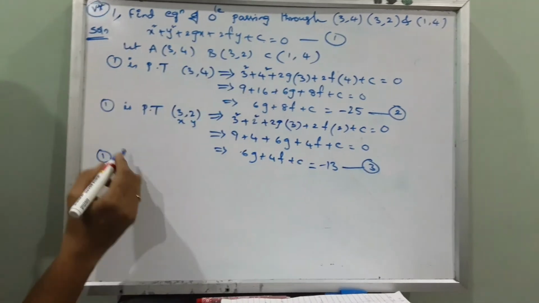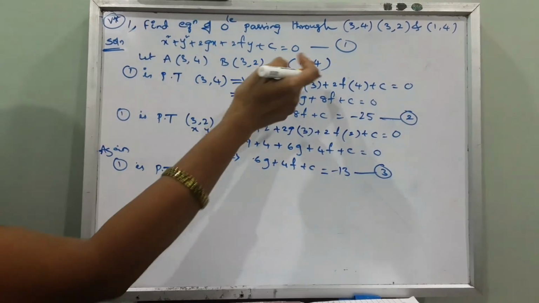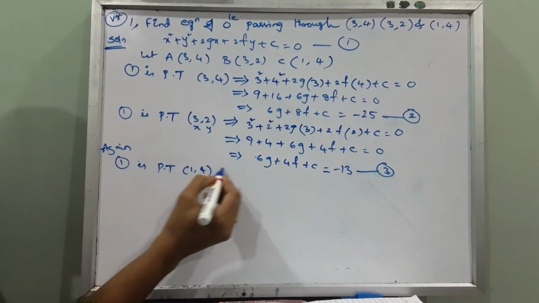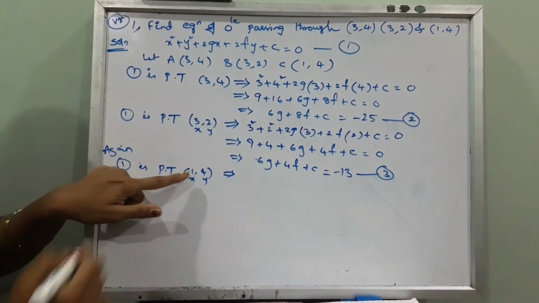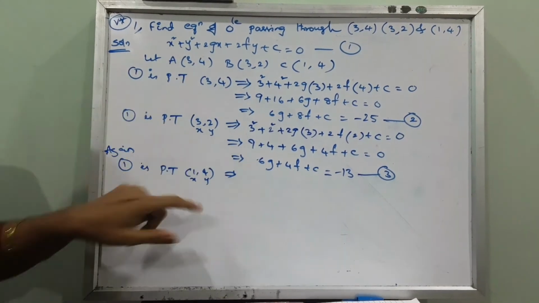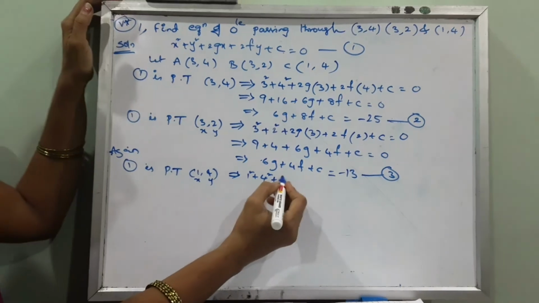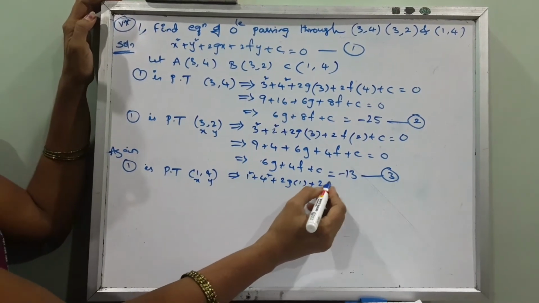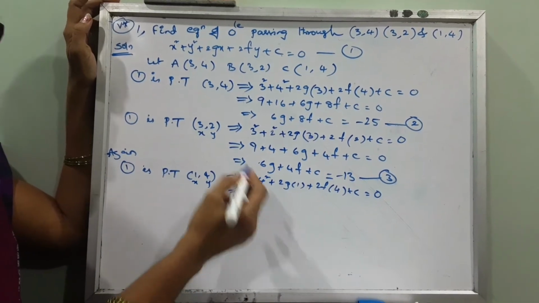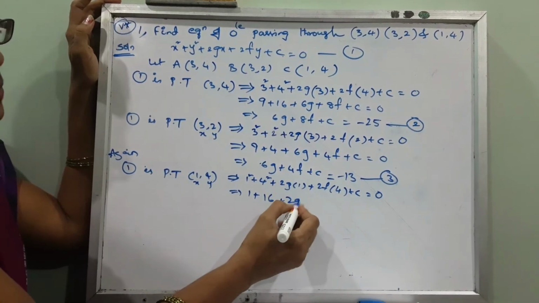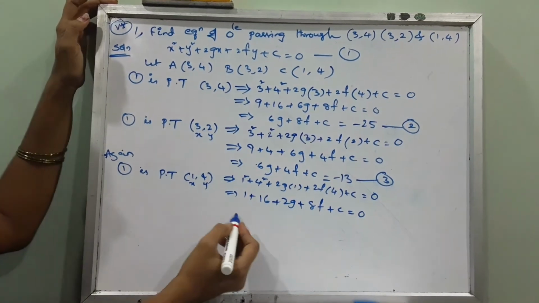Same like equation 1, again equation 1 is passing through the last point (1, 4). Let us take x, y. Here substitute x is equal to 1 and y is equal to 4. 1 square plus 4 square plus 2g into 1 plus 2f into 4 plus c is equal to 0. 1 plus 4 square 16 plus 2g plus 2 into 4 is 8f plus c is equal to 0.